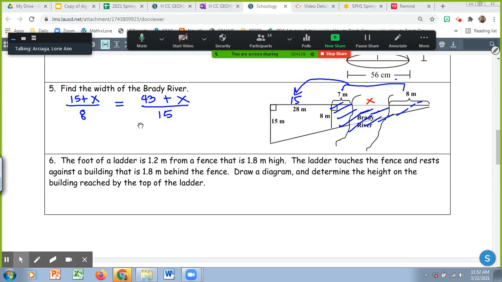So don't forget to distribute the 15 to the 15 plus x. When you cross multiply that, like 15 and then 15 plus x equals 843 plus x. Does that make sense? So you have to distribute, combine like terms to get the x by itself.